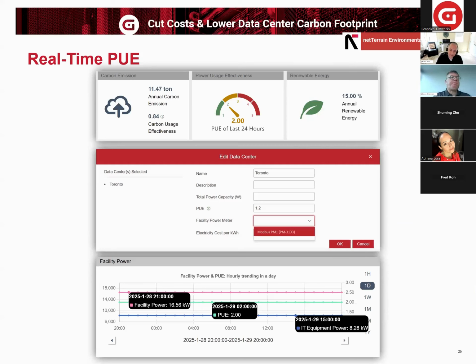And as you can see at the bottom of that graph, you're able to compare your total IT power relative to that PUE. And that's a very important aspect as the different sustainability regulations and legislation kick in, requiring data centers to report how much their IT equipment contribute to their overall carbon emissions and PUE.